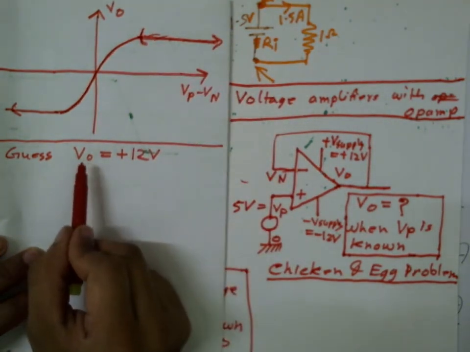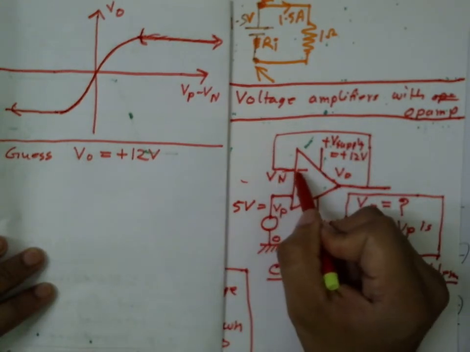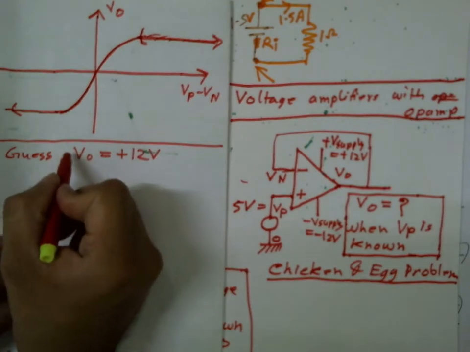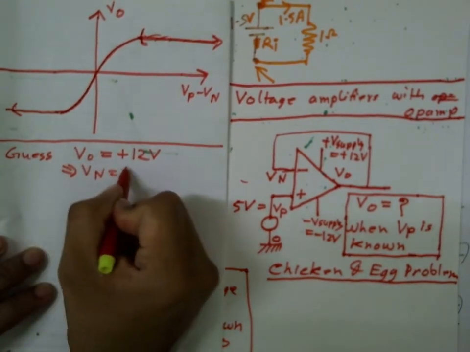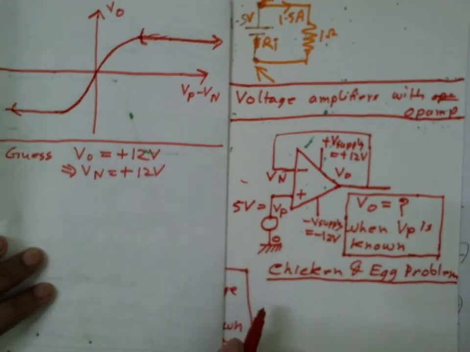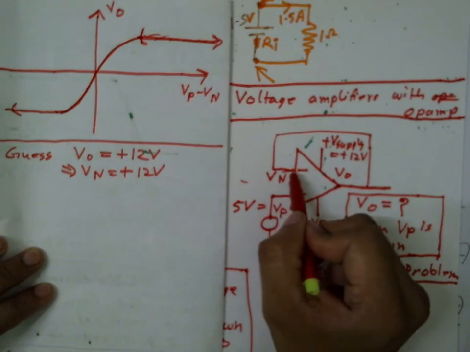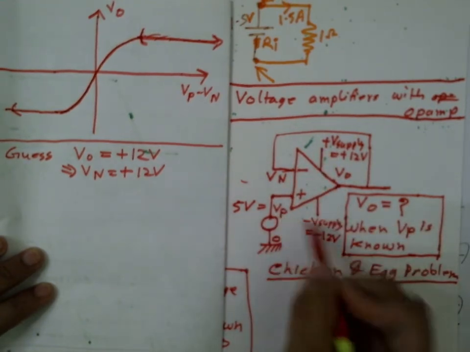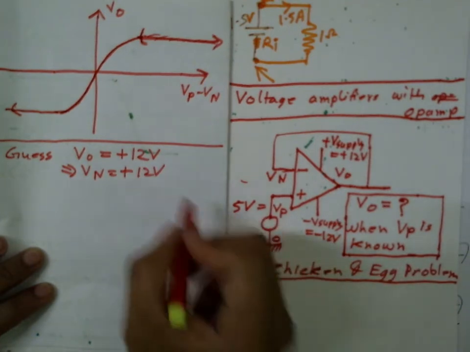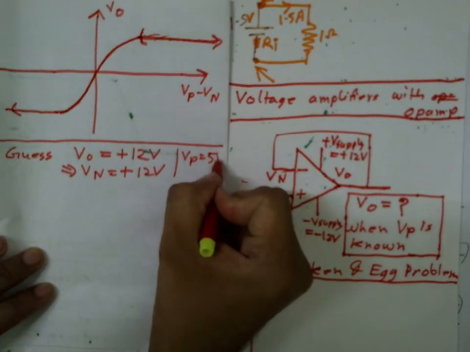Now if Vo is plus 12 volt, then Vn is also plus 12 volt. So if I guess Vo is plus 12 volt, then it implies Vn is also plus 12 volt, right? Because that's what comes here. Now if Vn is plus 12 volt and Vp is given to be 5 volt, so we know Vp is equal to 5 volt.